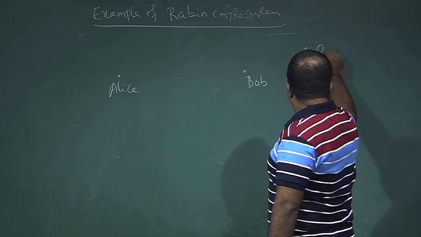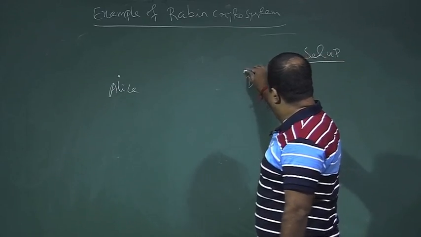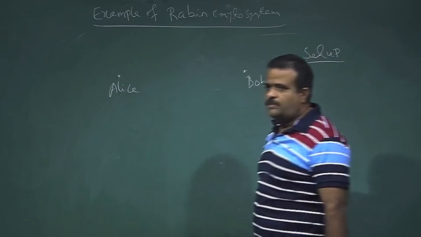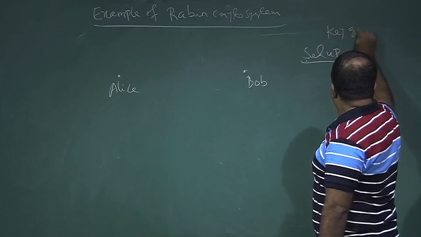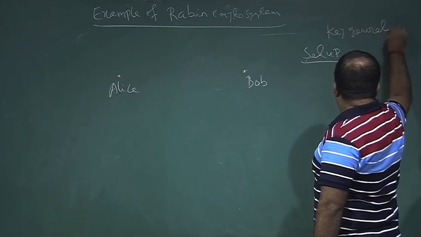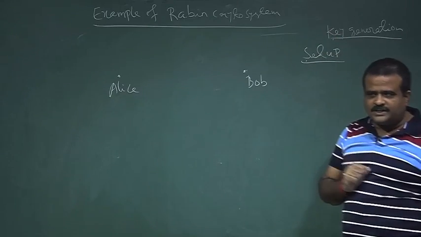So Bob has to do the key generation phase, or setup phase. This has to be done by Bob, because Bob is the receiver.